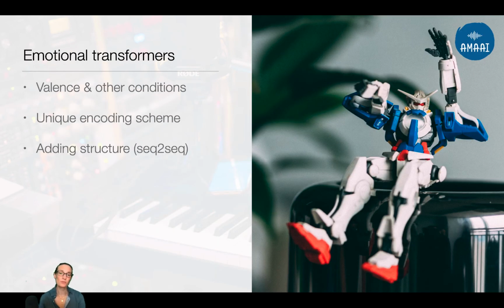So all of these systems are great in terms of making short fragments with steerable tension or arousal. Now, we wanted to take it one step further and make actual longer music which controlled valence. Valence is sort of the positivity or negativity in the music.